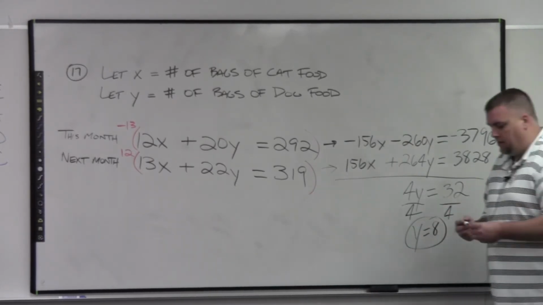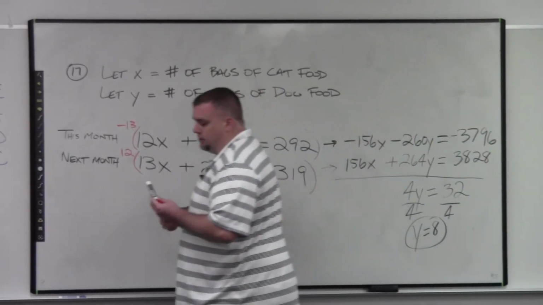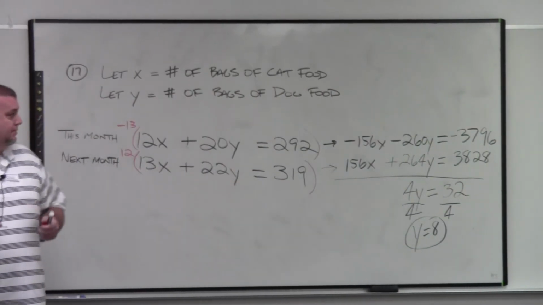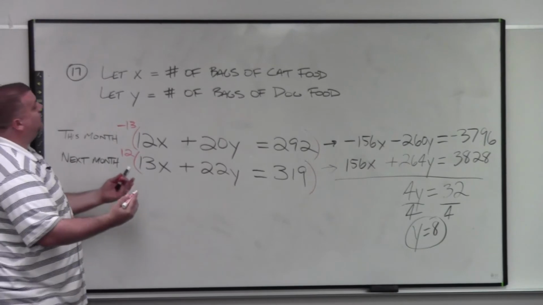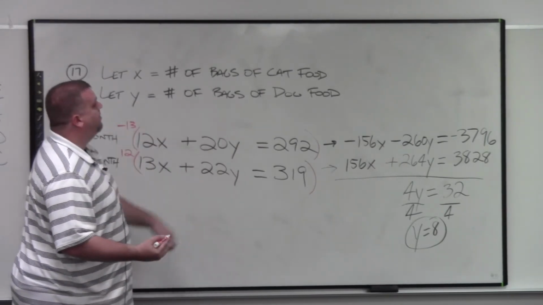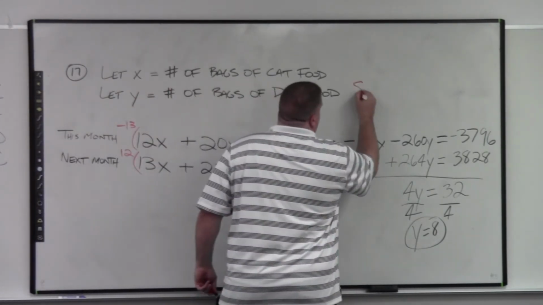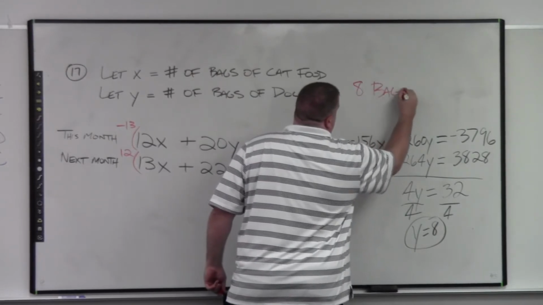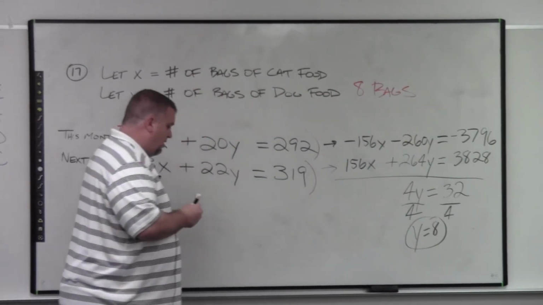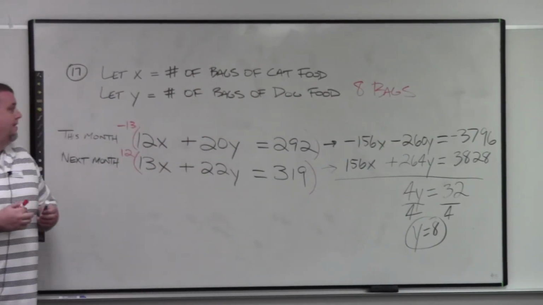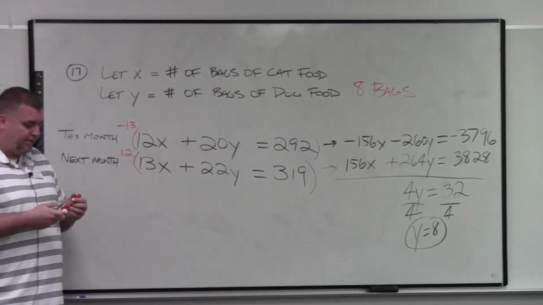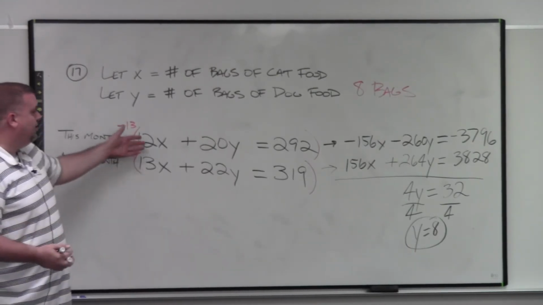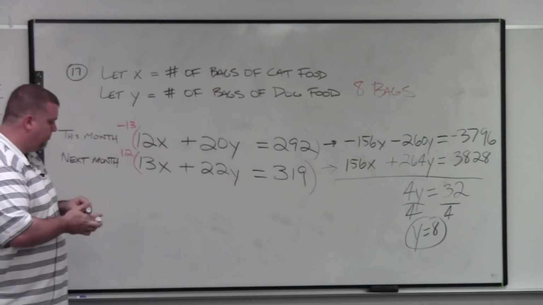Okay. It's very important that you label what x and y represent at the very beginning, because sometimes you get answers but you don't know what they mean. So y represented the number of bags of dog food. So we know that there's 8 bags of dog food. How can we figure out how much cat food we need? Yeah, we could plug it in. We could use either of these equations.